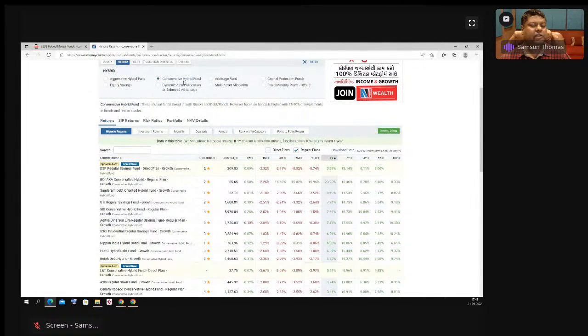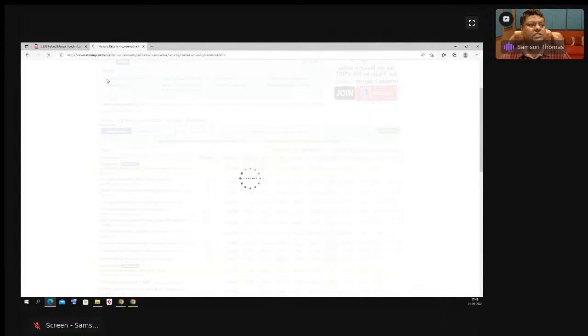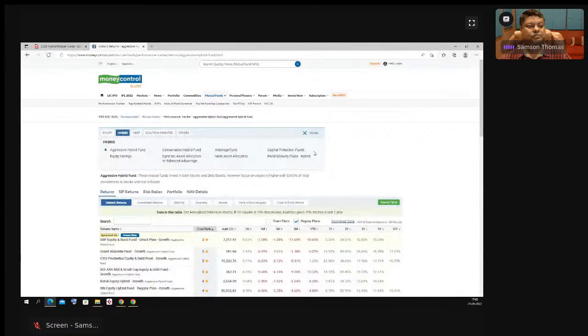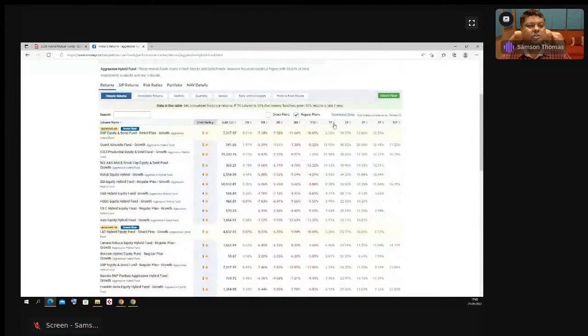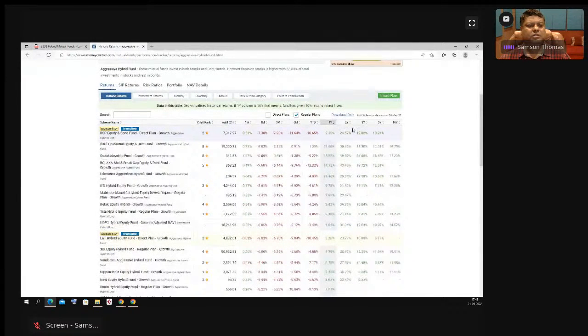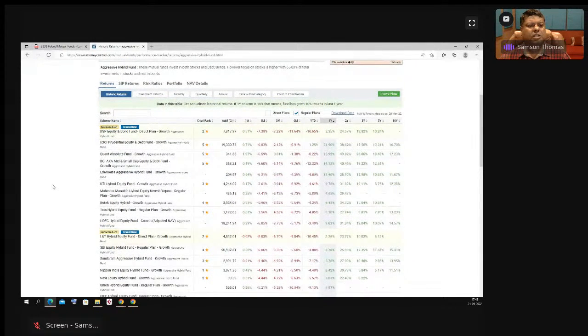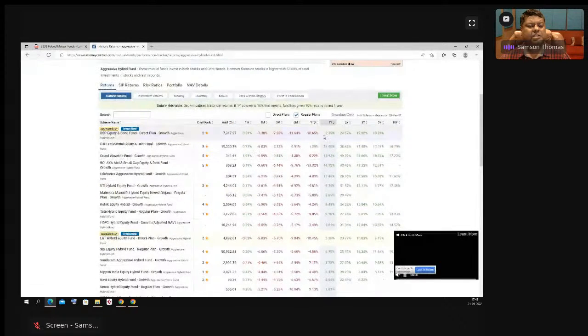And let's look at also the aggressive hybrid fund here. So it's got 65% in equity, and sorted according to the 1 year returns. And then you have approximately 9 to 11, 9, 10, 12% returns in the last 1 year.